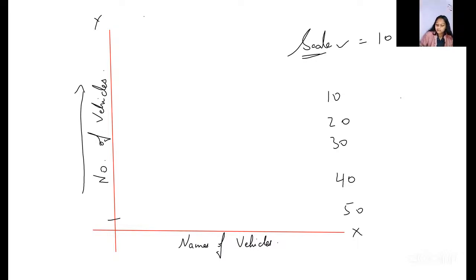If our data is a multiple of 5, then we can take the scale that is a multiple of 5, like 5, 10, 15, 20, 25, 30.